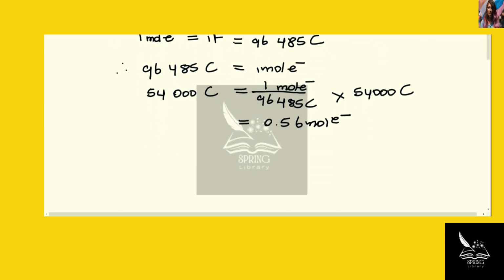So now we are going to go through part A. You're going to produce cobalt from cobalt 2+. This is an aqueous solution and this is a solid. This carries a charge of +2. This cobalt is in its neutral state, so the oxidation state is 0.